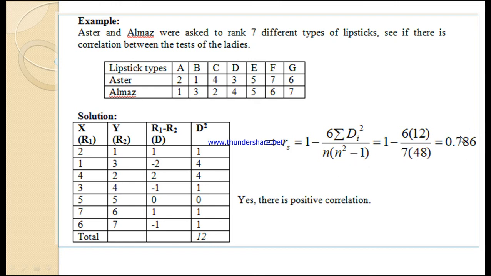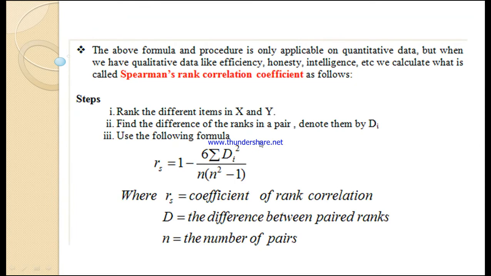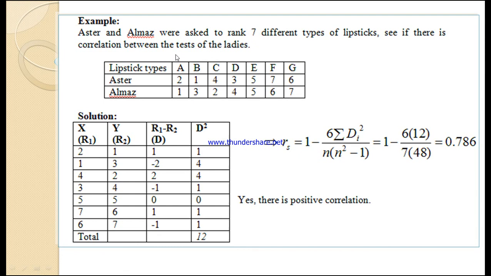And finally, we will get 0.786, which is r sub s, the coefficient of rank correlation between the tests of the 2 ladies.